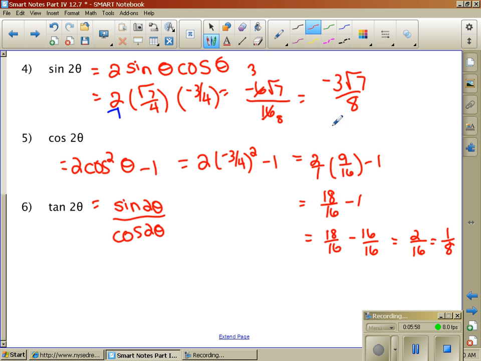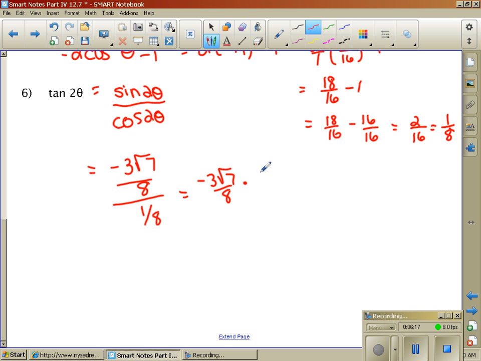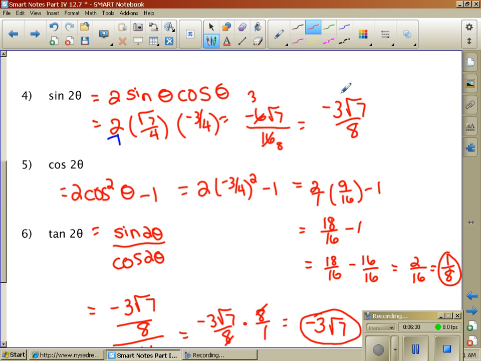What's the sine of 2 theta? Right here. What's the cosine 2 theta? Right here. So negative 3 square root 7 over 8 divided by 1/8 multiplied by 8 over 1. 8's cancel. Negative 3 square root of 7. So that's your answer for tangent, cosine, and sine. It's fairly simple. Use the formula, plug it in.